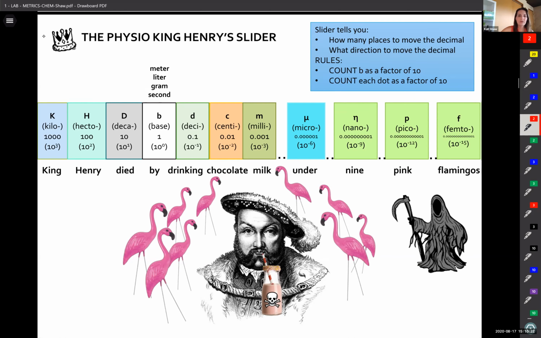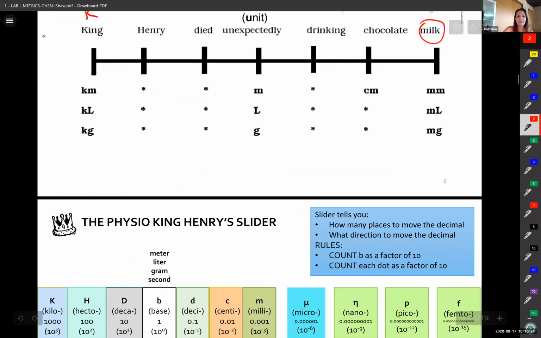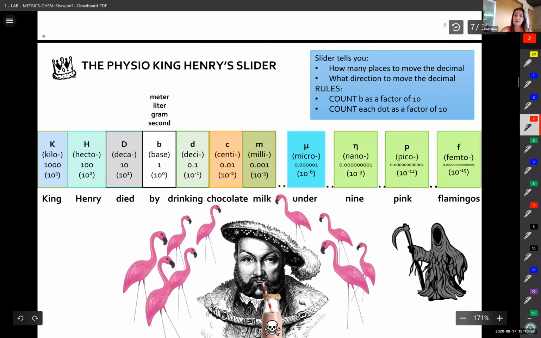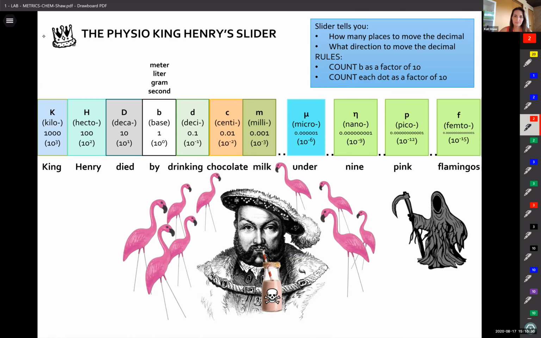Rather than King-Henry died unexpectedly drinking chocolate milk, we're going to say that King-Henry died by drinking chocolate milk under 9 pink flamingos. But what is important here is there are dots.